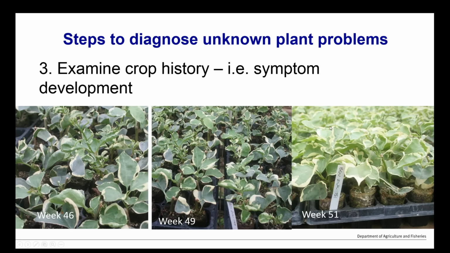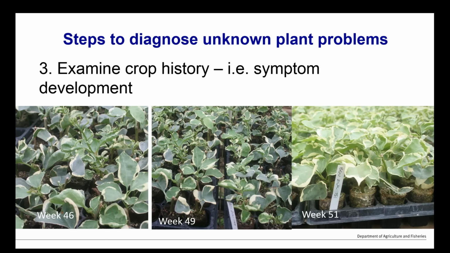But at week 51, it's gone. That sort of series of events helps you disentangle the type of factor that can be affecting your crop. So in that time period, something happened.